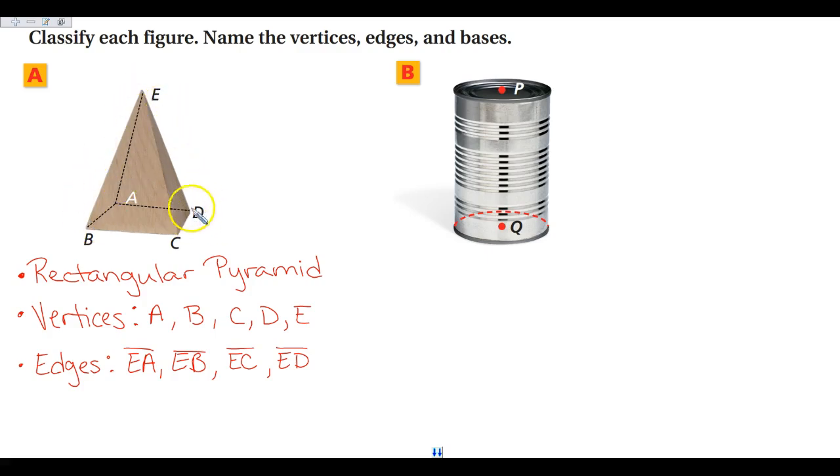Now we need to do all the edges around the base. My edges around the base are AB, BC, CD, and AD. All right, the next thing I want to do is name the base.